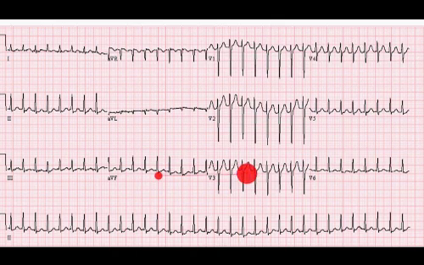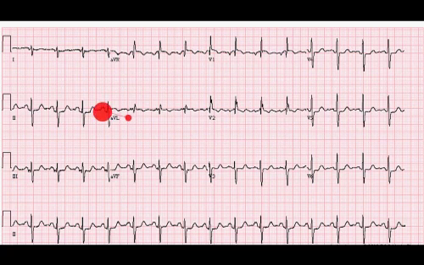You can't call it sinus if the rate is over 64, and this rate is faster than 64. So this is paroxysmal supraventricular tachycardia, and there's nothing very special about the T wave or the QRS, so there's nothing else to say except what I've said. Good.